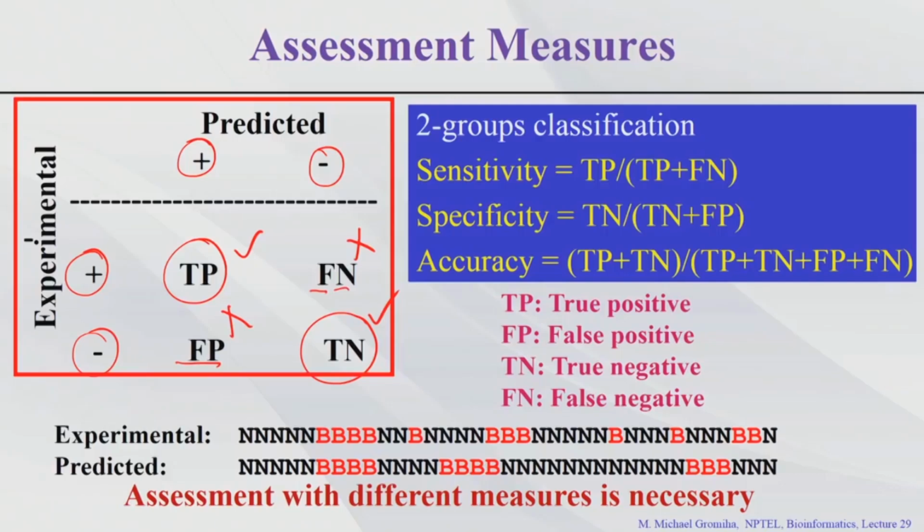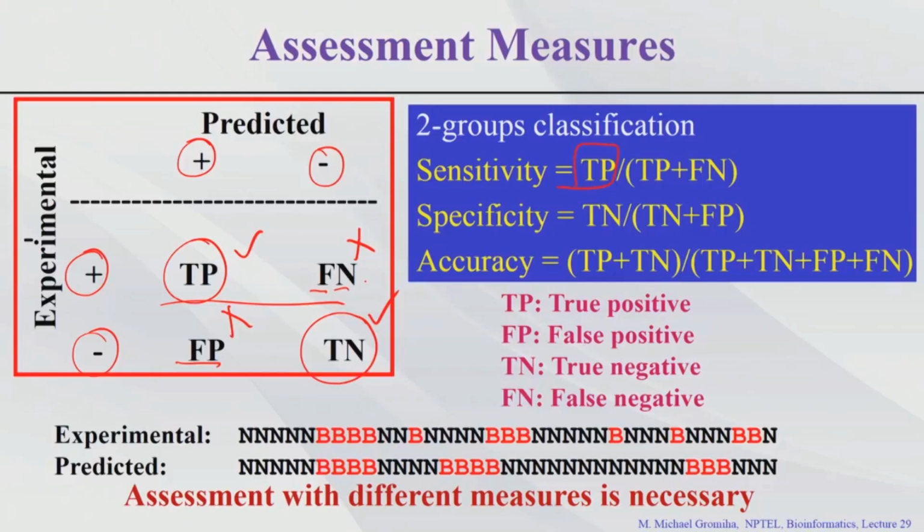Based on these measures we can define different terms called sensitivity, specificity and accuracy. Sensitivity deals with the positive data set, specificity with the negative data set. Sensitivity is true positives divided by true positives plus false negatives, that is, for all the positives.